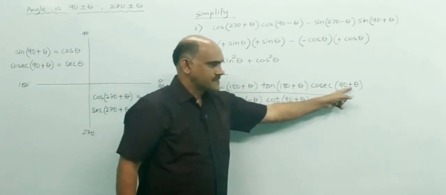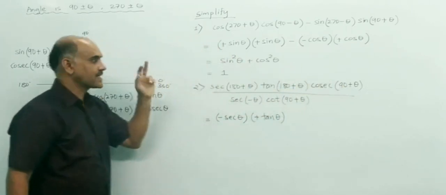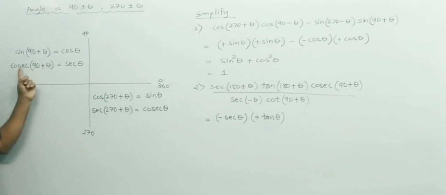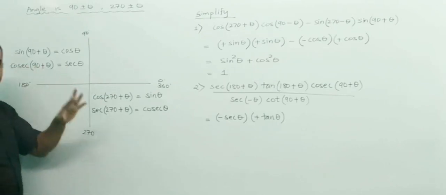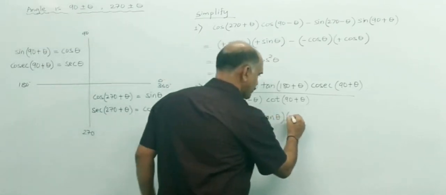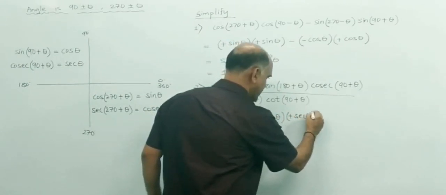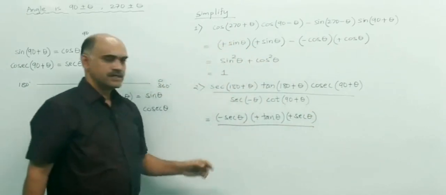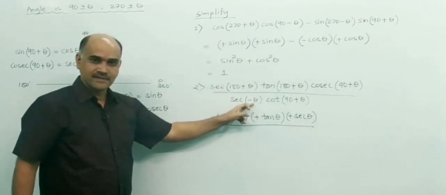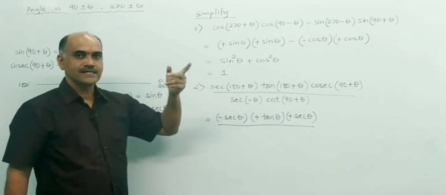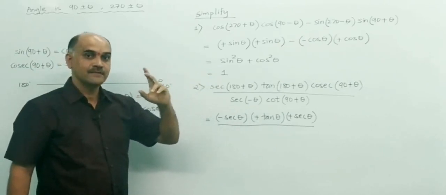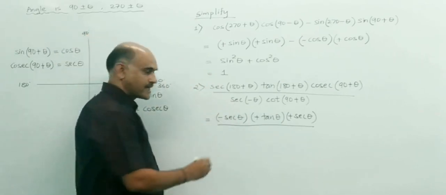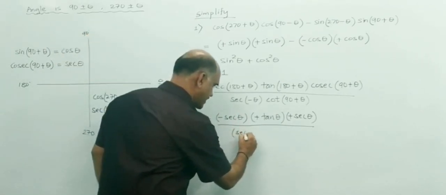Cosec 90 plus means in second quadrant. In second quadrant cosec 90 plus theta will be secant theta, so plus secant theta divided by secant of minus theta. Secant of minus theta is positive, means the minus sign goes. So secant of minus theta is secant theta.